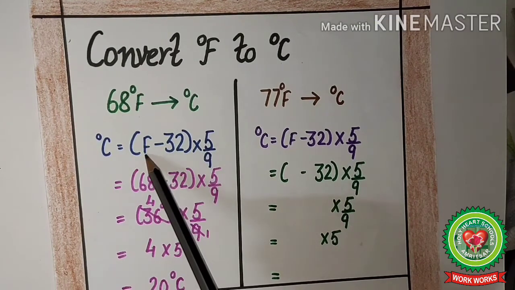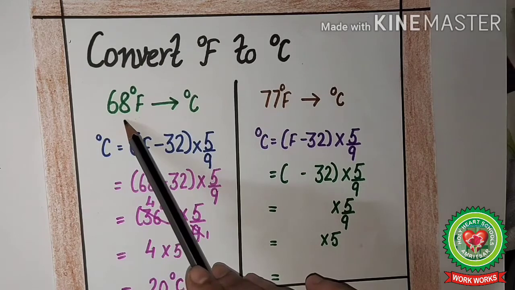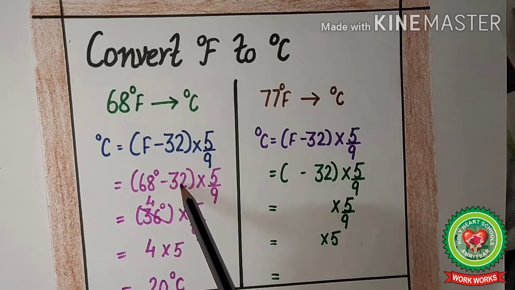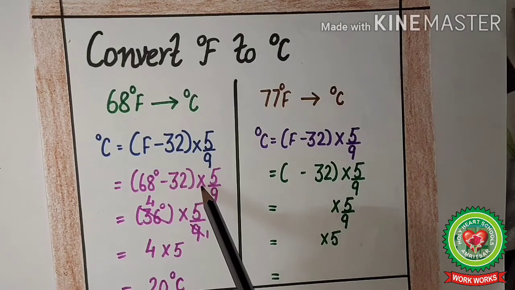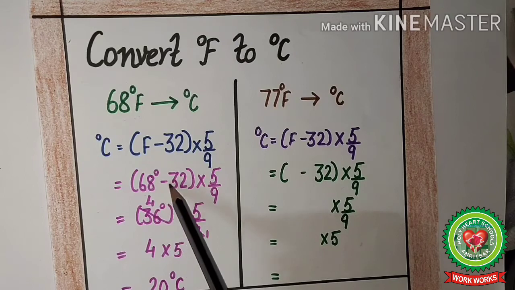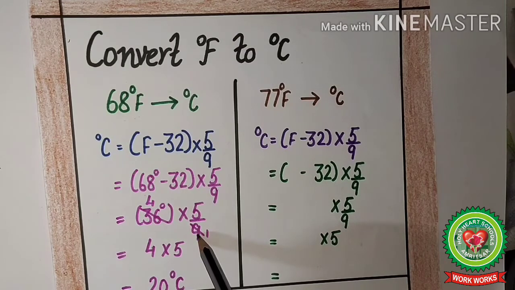Now F means Fahrenheit, given as 68 degrees. Put 68 minus 32 bracket close multiply 5 upon 9. 68 minus 32, that is 36, multiply 5 upon 9.